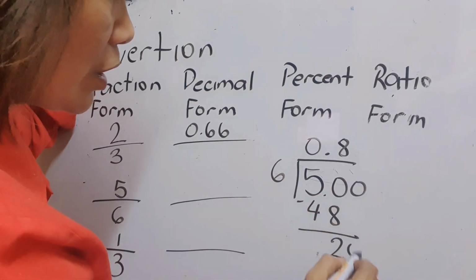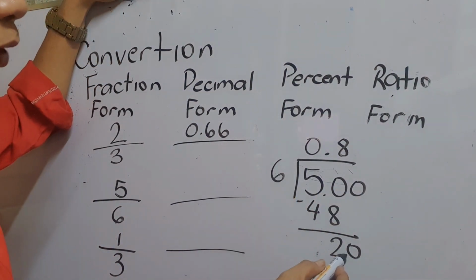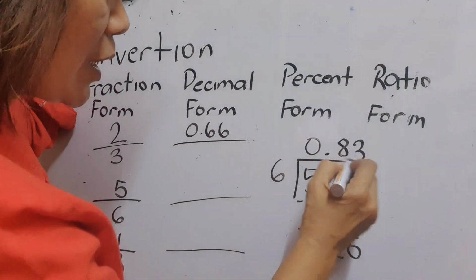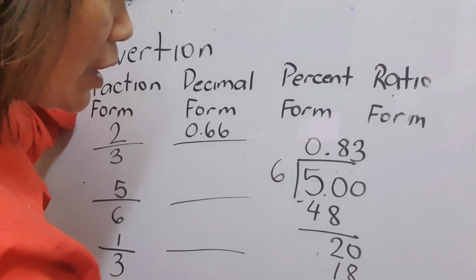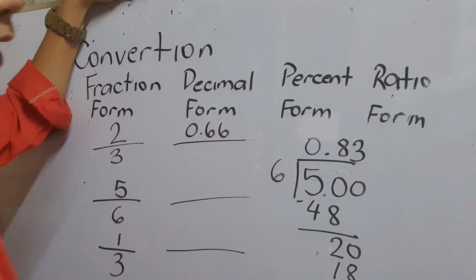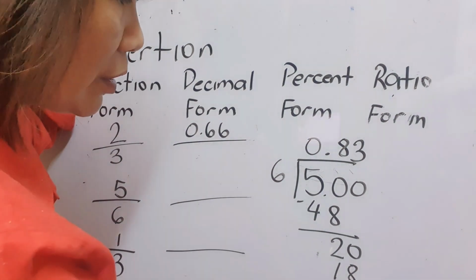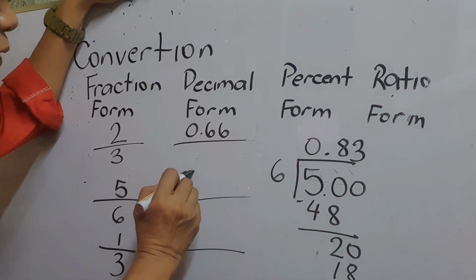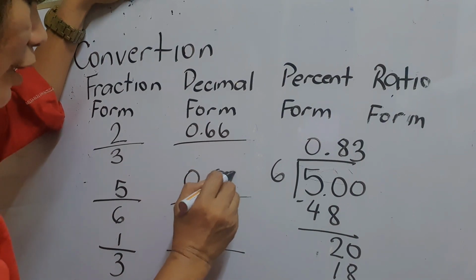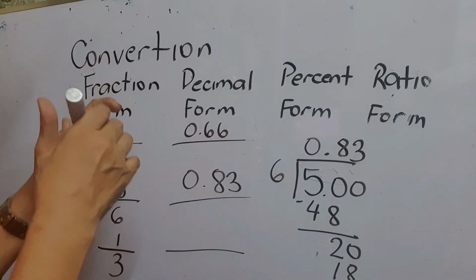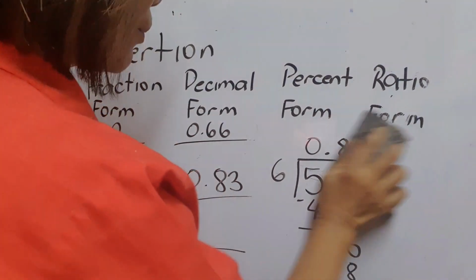Dagdag tayo na 0. So, sa 20 divided by 6 is 3. 3 times 6 is 18. So, again, may remainder ka again dito ng 2. Okay? So, here we have 0.83. And then, tingnan naman natin itong 1/3.